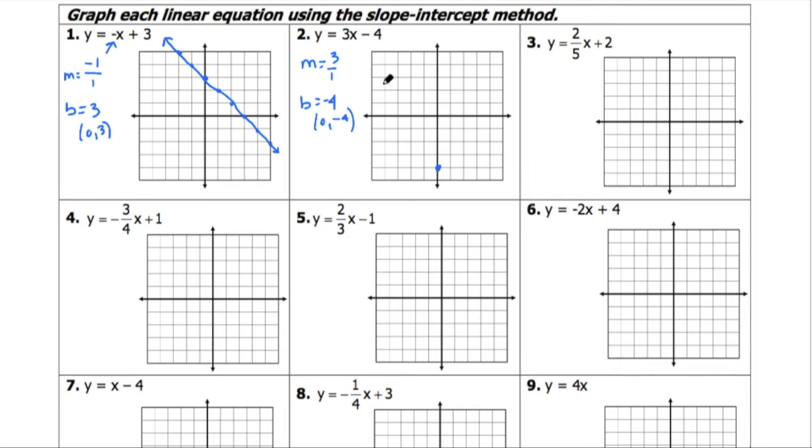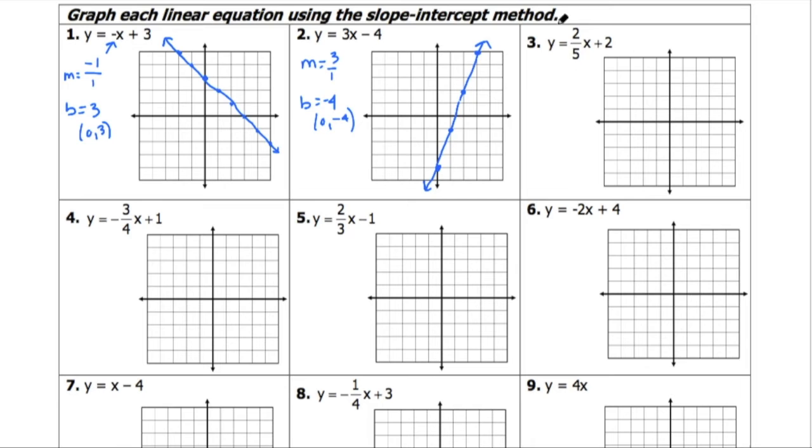And our slope is 3 over 1, so that means up 3 over 1 to the right. We can keep doing that, up 3 over 1 to the right. And we have room for one more. Great. So these points form our line. A ruler would be helpful, so you can make a nice straight line, straighter than mine hopefully.